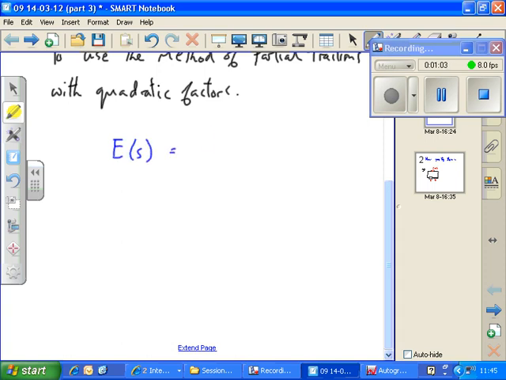E(s) is going to equal 10 over s squared, and Z(s) is going to equal 6 plus 4s.